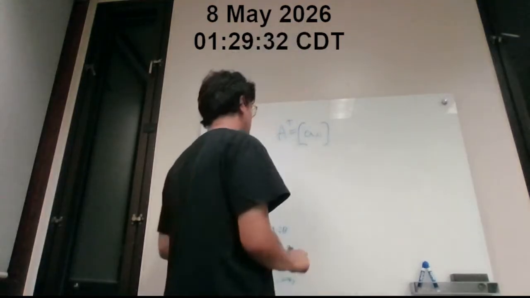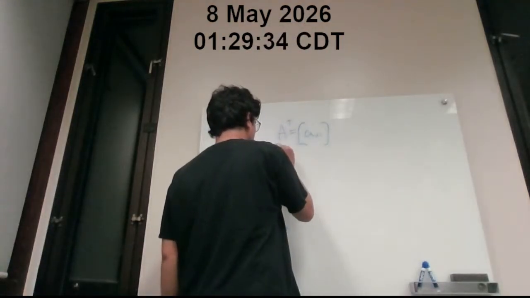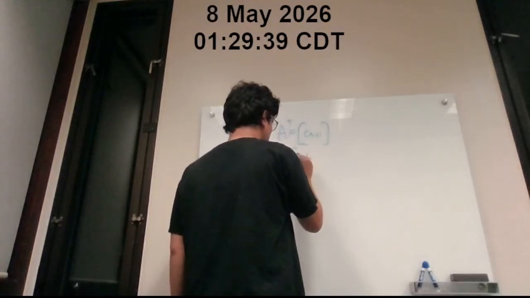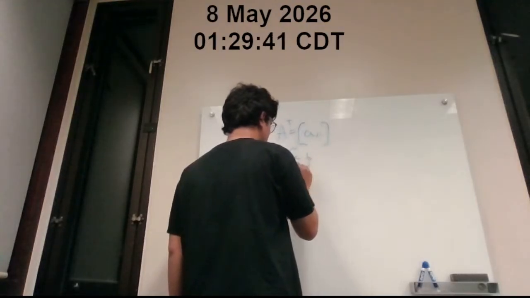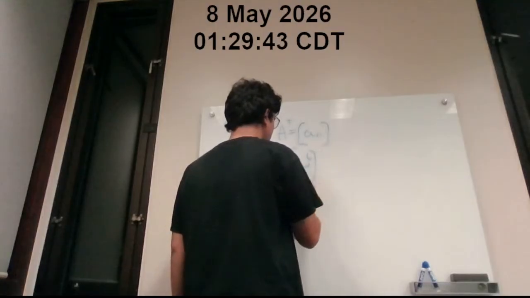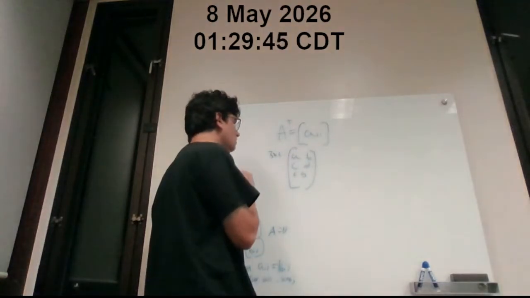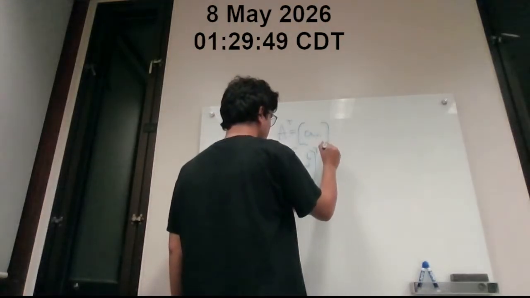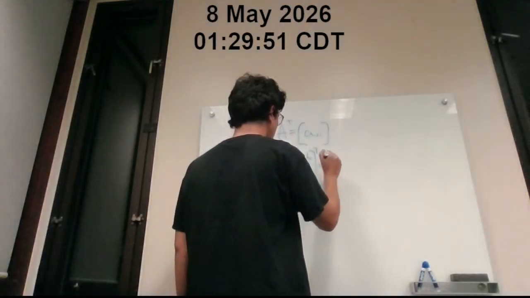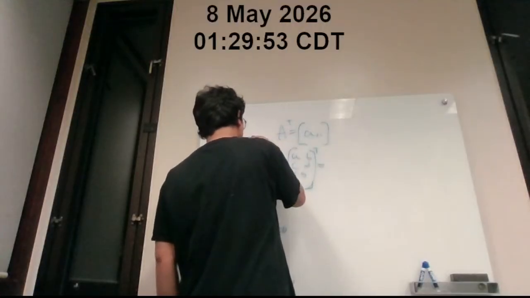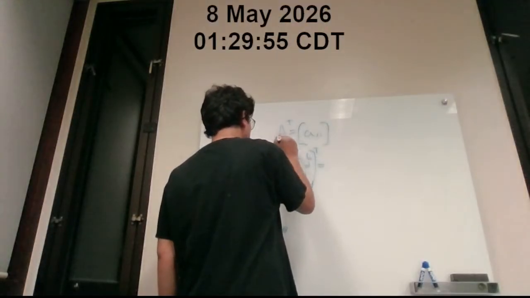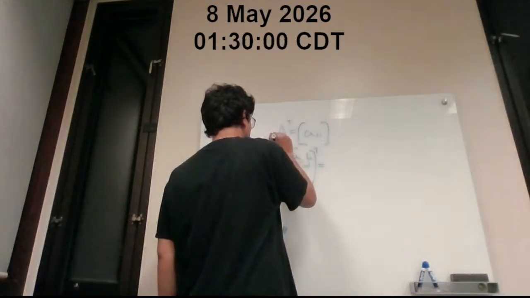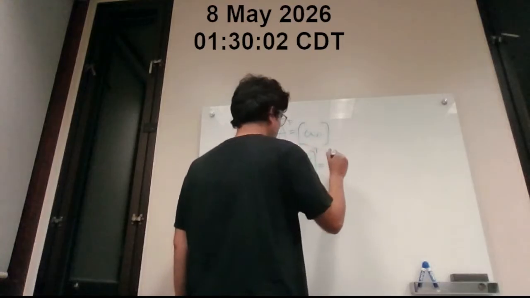It's best to do this with a non-square matrix. So let's do a 3 by 2: A, B, C, D, F, G. I'm not going to use E because that's Euler's number. So I have 3 rows and 2 columns. But what happens when we take the transpose? If you have 3 rows and 2 columns, guess what that becomes?